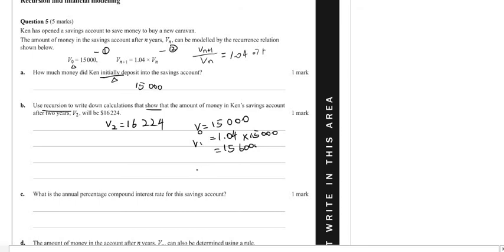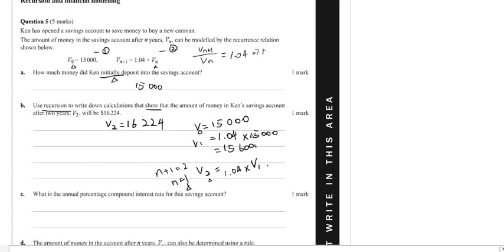And from my V2 equation, remember that V n plus 1 is equal to 1.04 times Vn. If my notation over here is 2, it means that my n plus 1 equals 2, so my n is equal to 1. Now if I substitute n equals 1 into equation 2, then I'll have V2 equal to 1.04 times V1, because my n equals 1, so I need to put V1 over here.